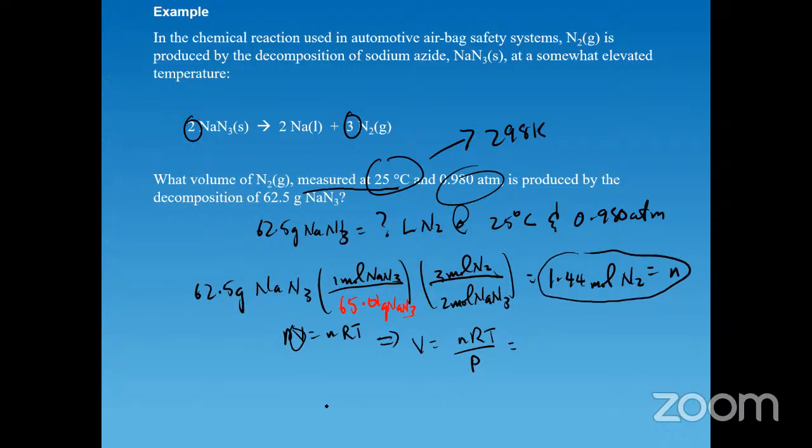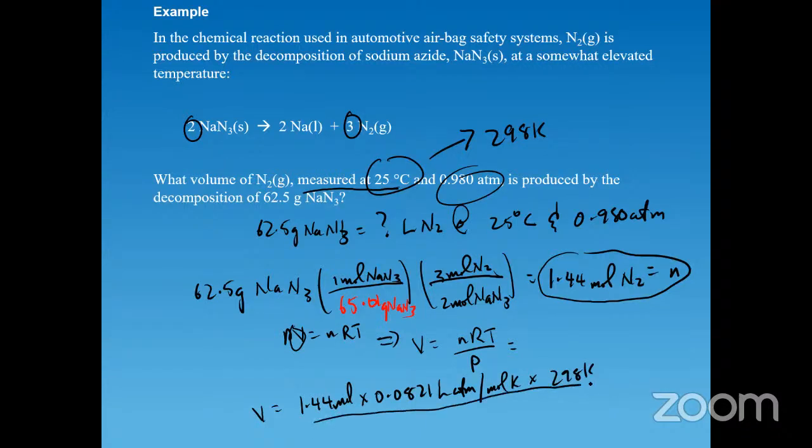So V will be equal to 1.44 moles times R, which is always 0.0821 liter atmospheres over mole Kelvin, times the temperature, which is 298 Kelvin, all divided by P, which is 0.980 atmospheres. And then you see how the units cancel out.